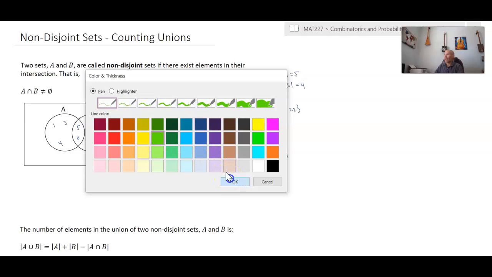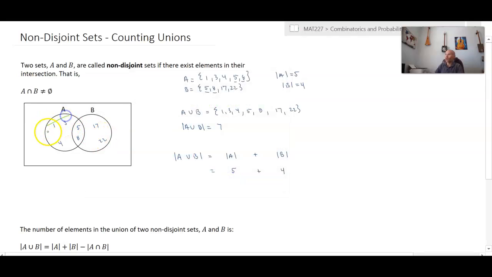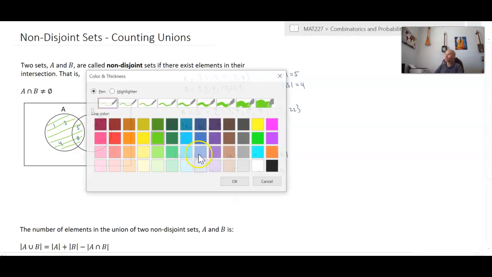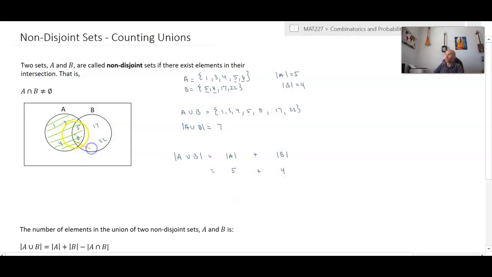Well, if we look at what we added together, all the elements that are inside that entire circle A, ignoring B, because all 5 of those elements are in A. And then we added the number of elements in B, which is the entirety of the B circle, and we see that this portion right here was actually added in both of those totals.